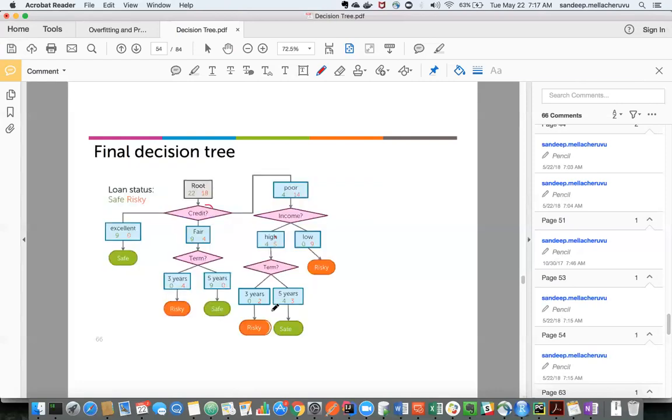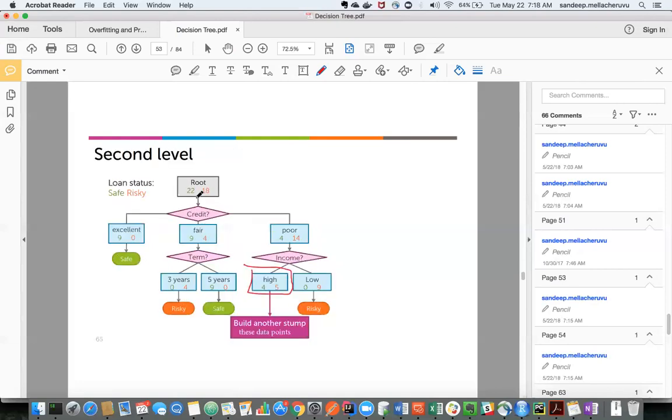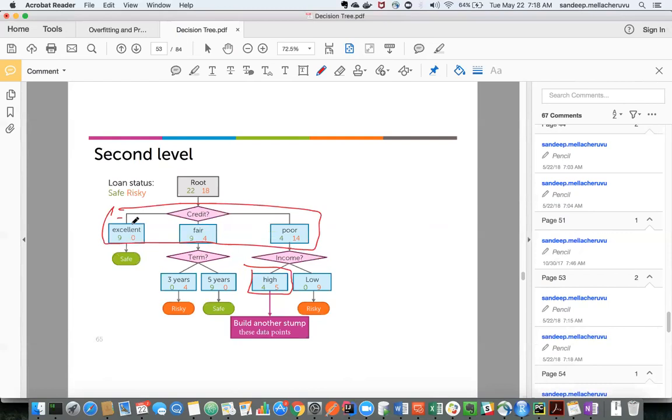Because at every level, at every branch, what I am doing, I am taking the best feature. At every level, I am taking the best feature, thinking that if I split at this level with a best feature, overall the tree will be the best tree.